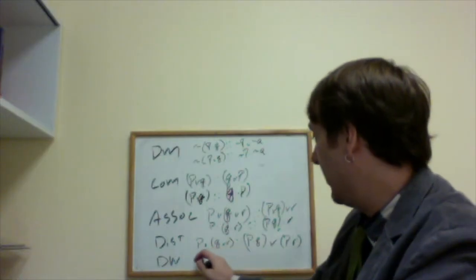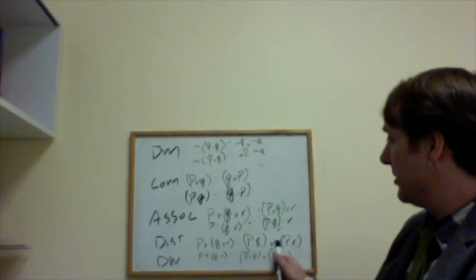You get P dot Q, and the dot goes inside, so to speak, and the wedge comes out, and then you get P dot Q wedge P dot R. The same is true if you have P wedge Q dot R. That's logically equivalent to P wedge Q, dotted with P wedge R. You change the main operator. That's the distribution rule. The important thing to remember is that it goes this way as well.